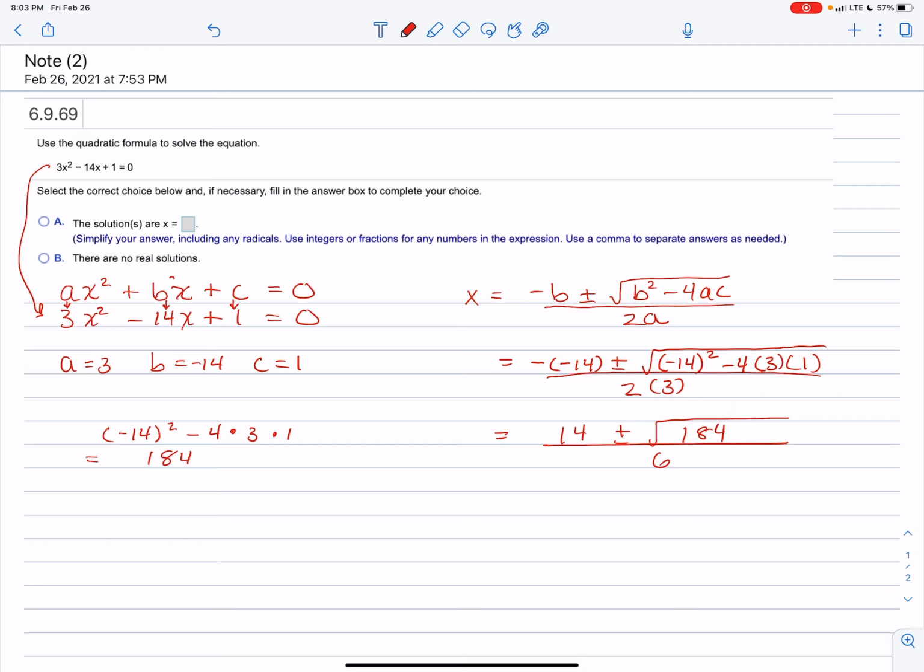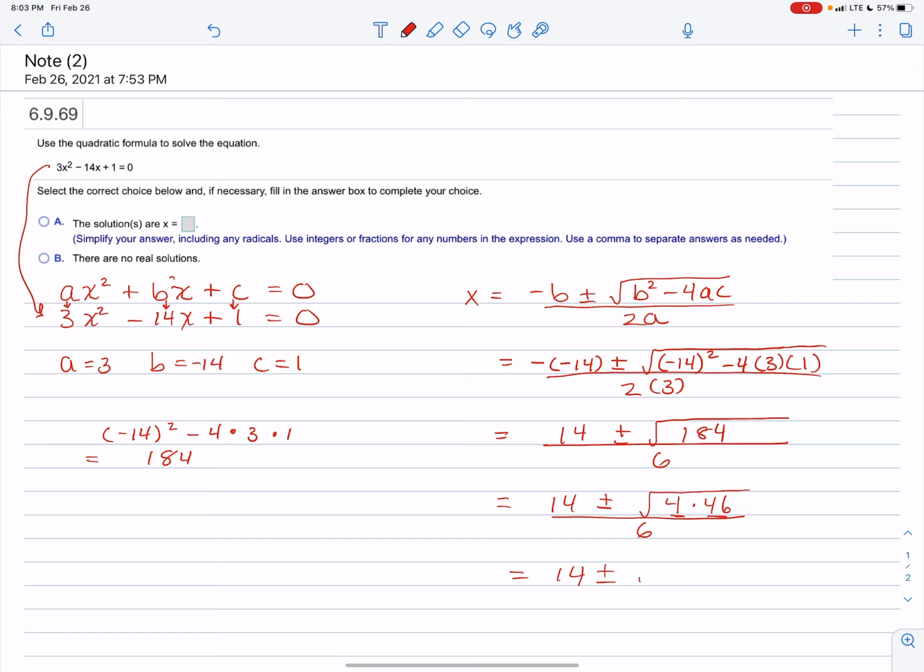Now we have to simplify that radical. We want to find the largest perfect square that will divide into that radical without a remainder. Well, 4 goes into 184 46 times. Then we'll use the product rule for radicals, where you have the square root of a product.